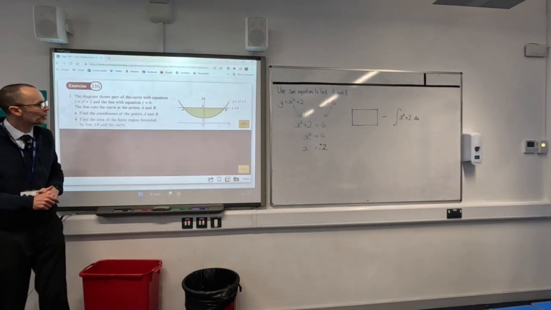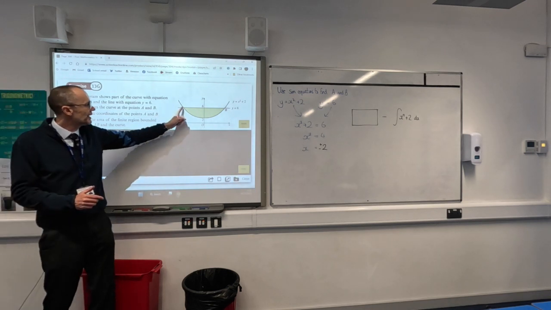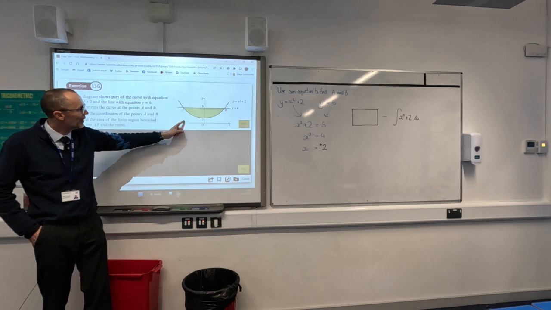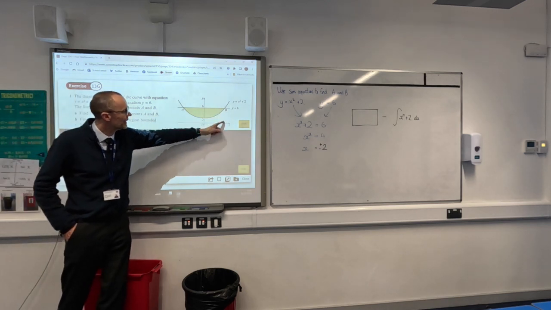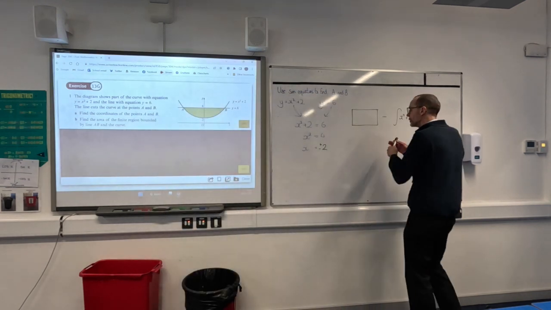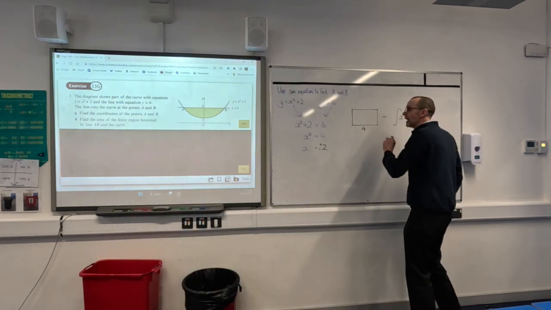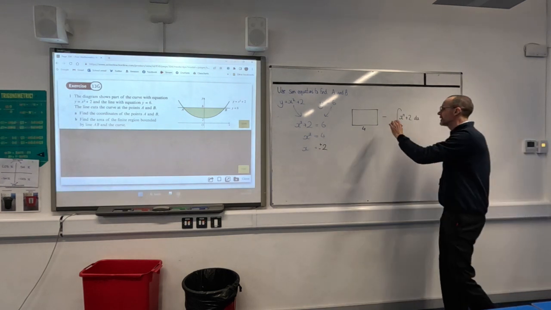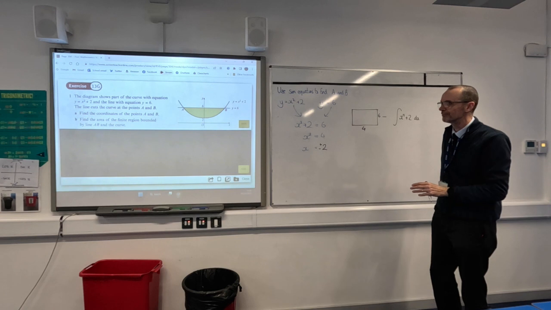Unfortunately, it's not letting me draw on the board, but I hope you can see that these 2 points here are plus or minus 2. And that means if I draw a rectangle here, that's going to go from -2 to +2, so that's got a length of 4, and I already know the height of that rectangle is 6, so again, not drawn to scale.